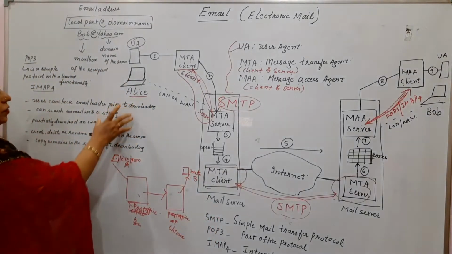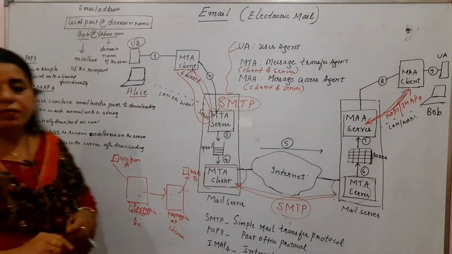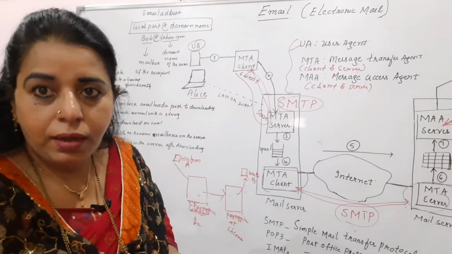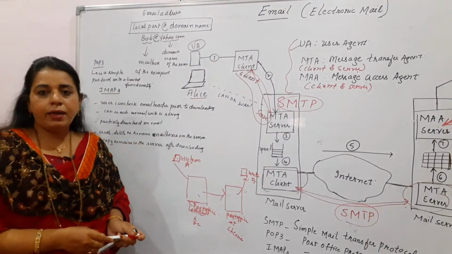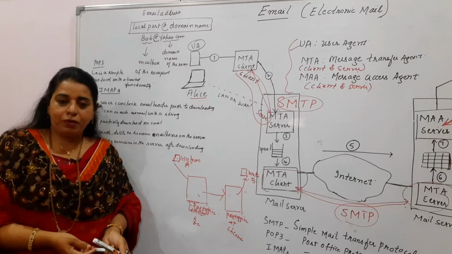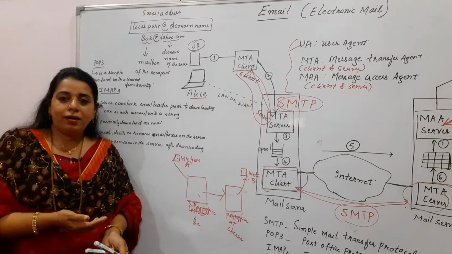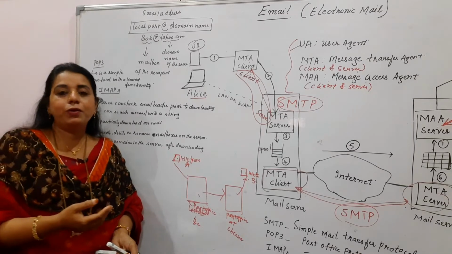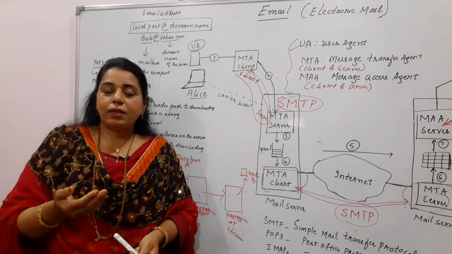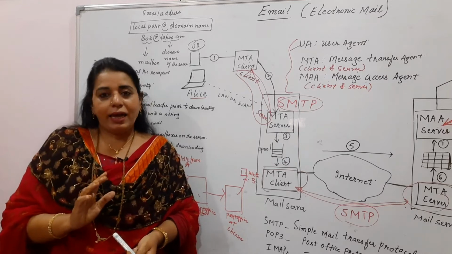Now just see the difference between POP3 and IMAP4. POP3 is a simple protocol with very limited functionality. Actually IMAP4 has more functionality, and whatever is the present requirement for a user when viewing a mail in the inbox, all the functionalities a user finds convenient are provided by IMAP4.